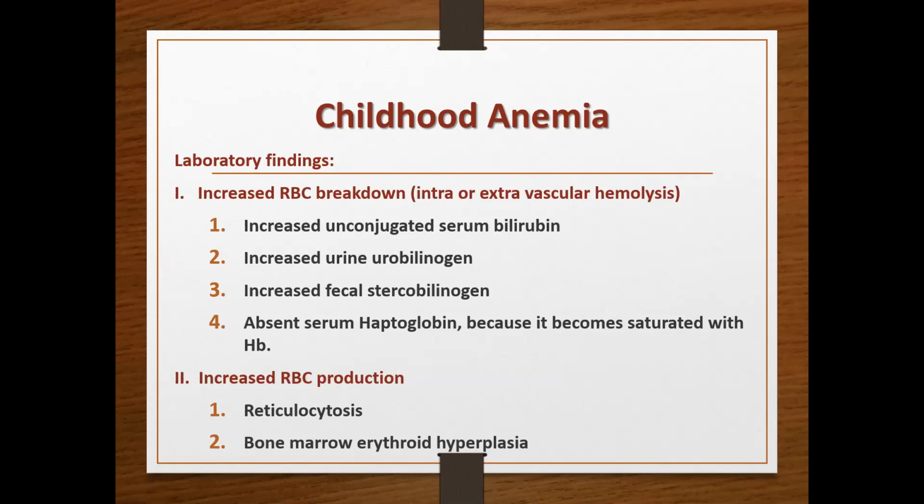Haptoglobin is a protein binding free hemoglobin in circulation, and when it becomes saturated, the excess free hemoglobin will be excreted by the kidney, causing hemoglobinuria. As a result of increased RBC production, there will be reticulocytosis and bone marrow erythroid hyperplasia.